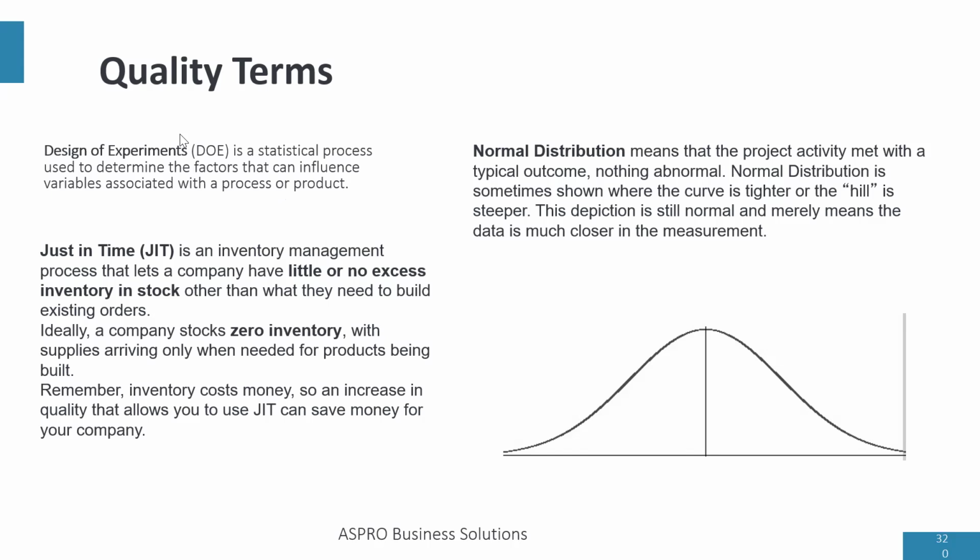And to give an example of this, I'm going to talk about the factors that influence the production of Coca-Cola and Fanta, soft drinks, if you like to call them, or soda, if you like to call it that. What are the factors that influence the process of producing? Number one, we have to look at the concentrate. And what is the concentration of the syrup that is being used?